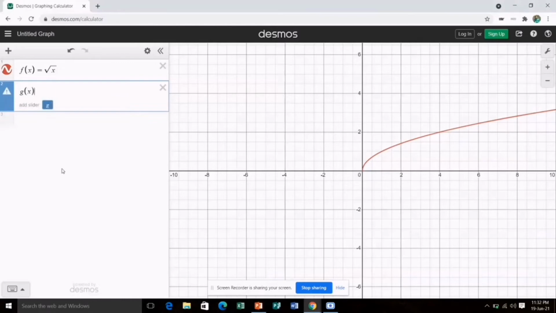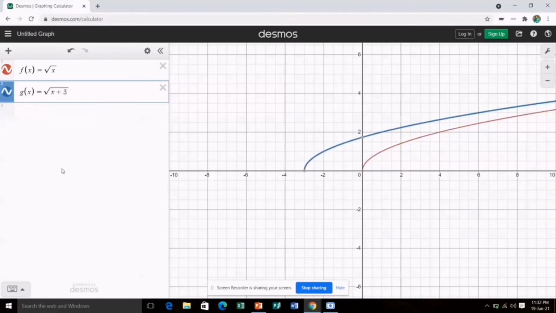g(x) equals square root of x plus 3. As you can see, the graph is shifted to the left, and the plot is negative 3, 0.